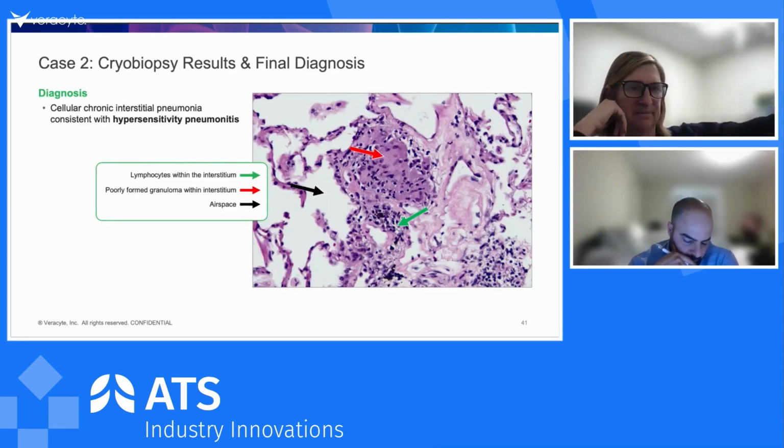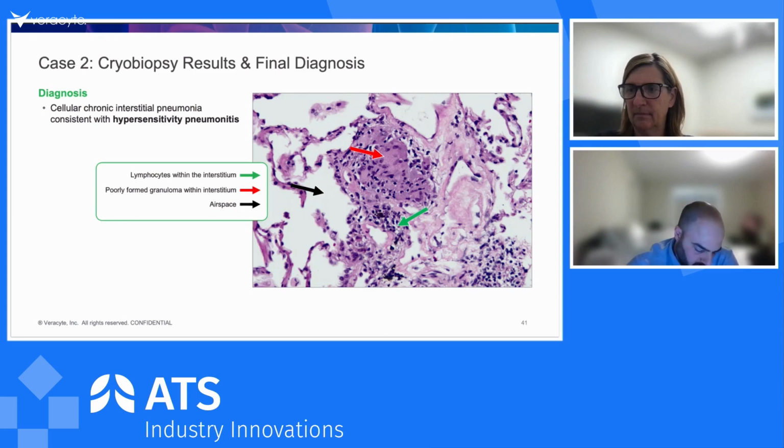This cryobiopsy in this instance showed cellular chronic interstitial pneumonia consistent with HP. So they saw interstitial lymphocytes, poorly formed granulomas, and that was a pathologic diagnosis consistent with hypersensitivity pneumonitis, and also consistent with their HP panel.